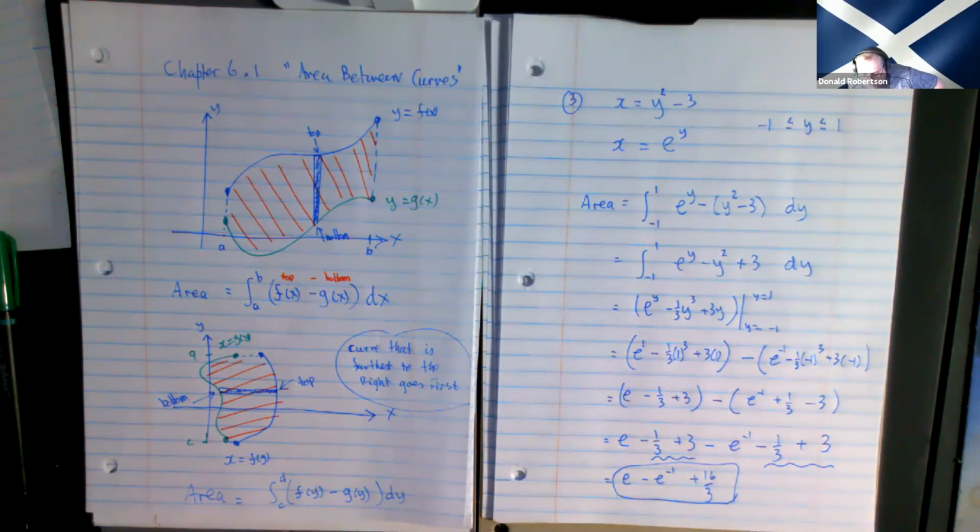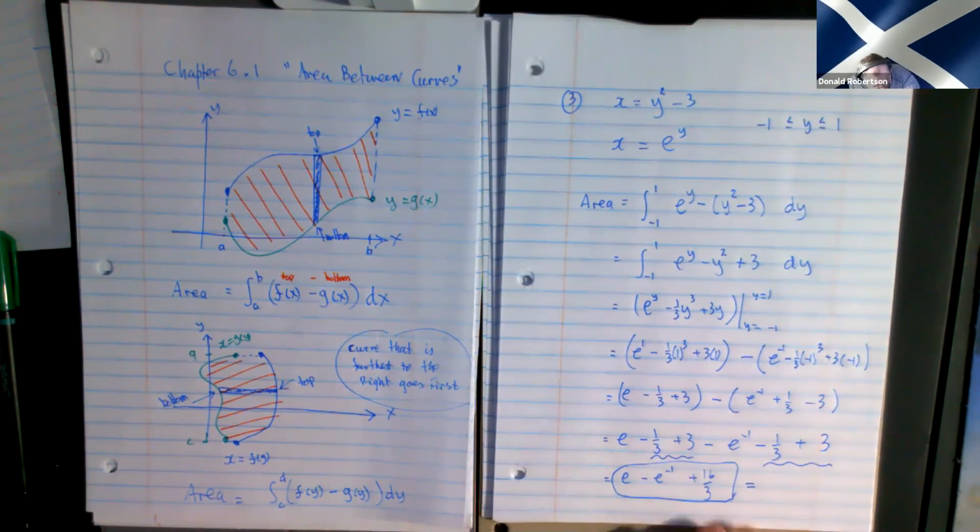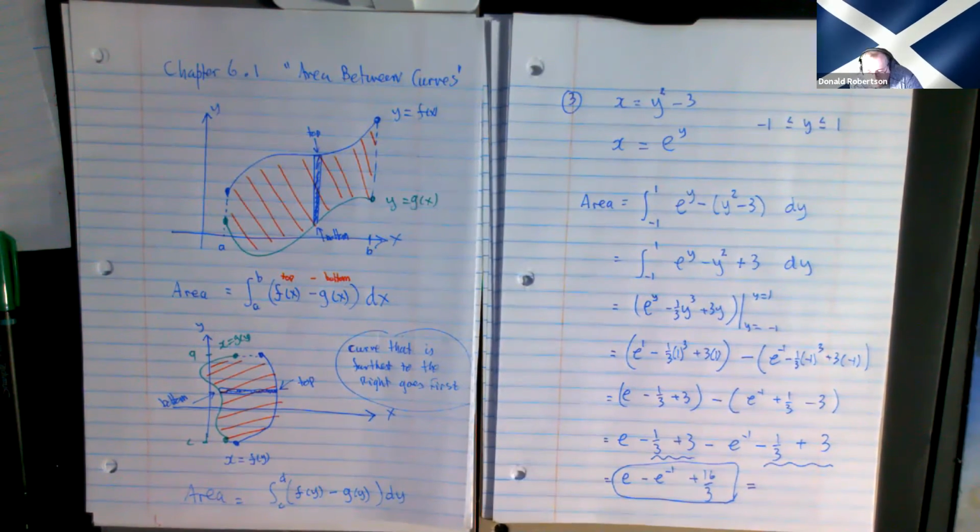And technically speaking, and as far as WebAssign is concerned, that is okay. That is the correct answer. Has anybody got any ideas what I might do to just write it slightly differently? I'm using a style point rule.